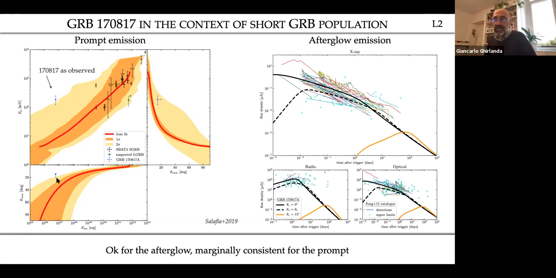A possible answer is that the description we have from the modeling of the afterglow of the structure of the jet is missing one possible element, which in the afterglow is maybe not that relevant, but instead is relevant in the prompt emission. In doing this exercise, we are assuming that in the prompt, you remember, the bulk Lorentz factor is constant and doesn't change with time, but is structured with the angle.